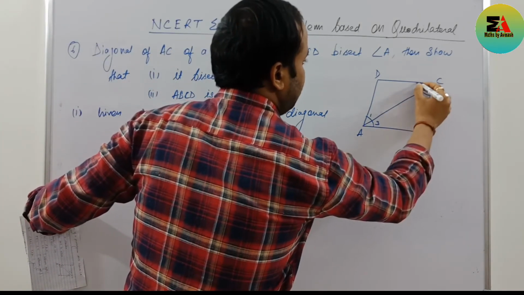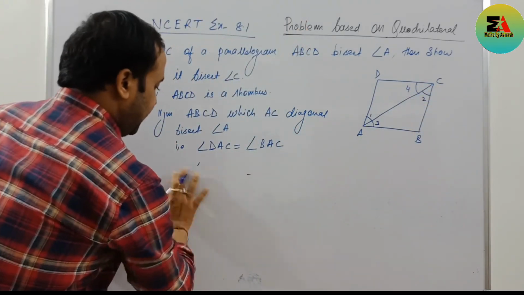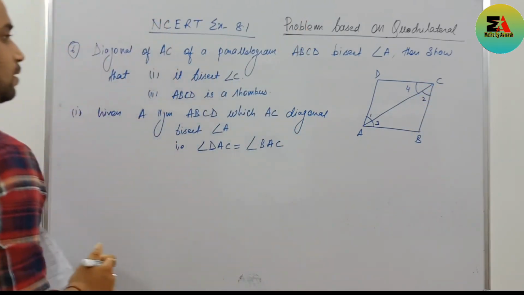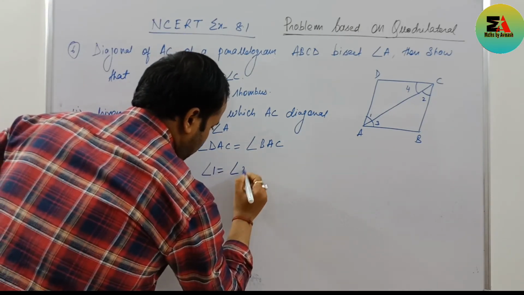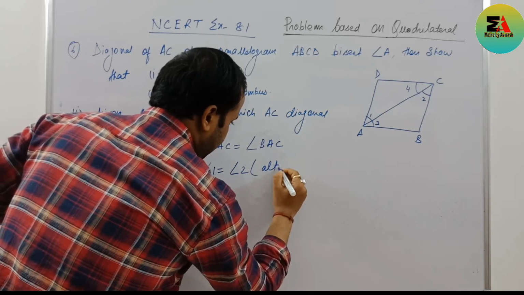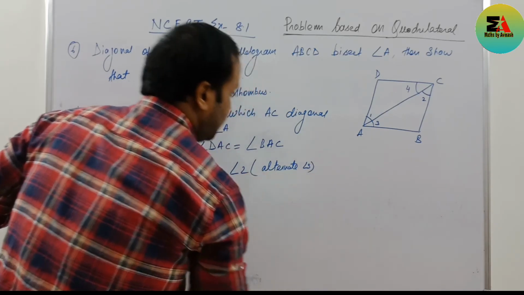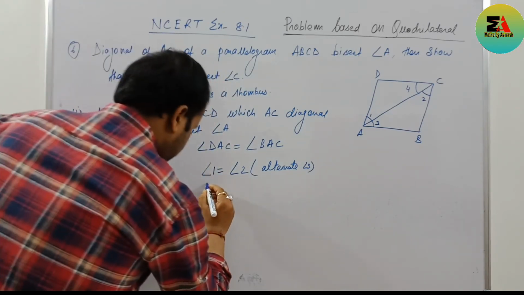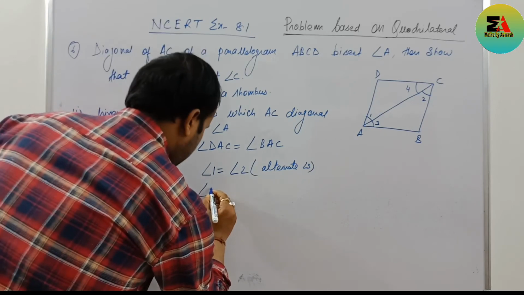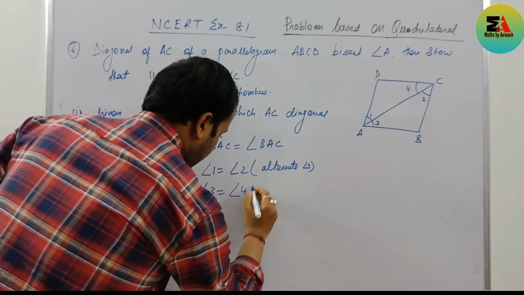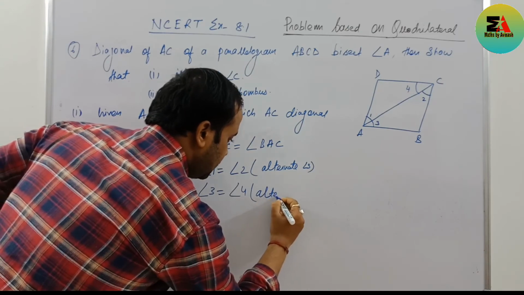This angle is represented by 3, this angle by 4. So we directly write: angle 1 equals angle 2, alternate angles, same as angle 3 equals angle 4. What is the reason? Same reason, alternate angles.